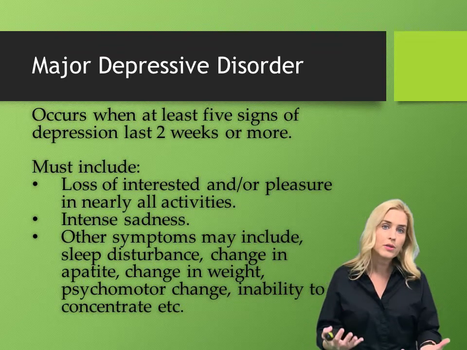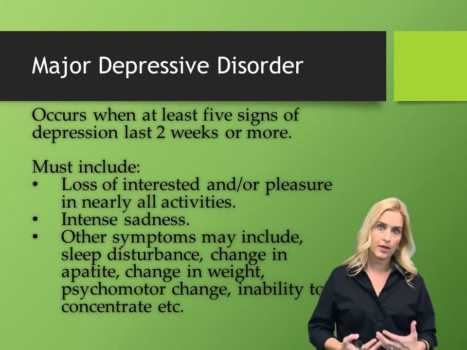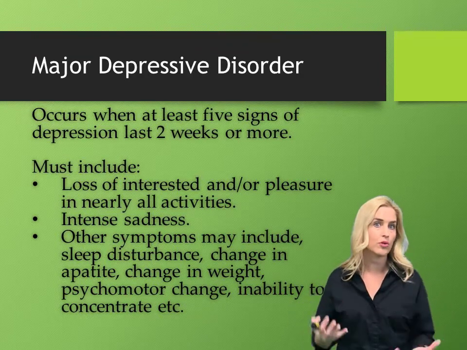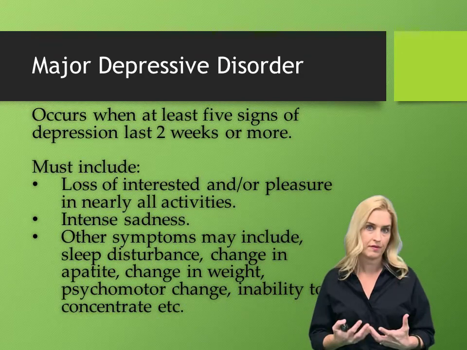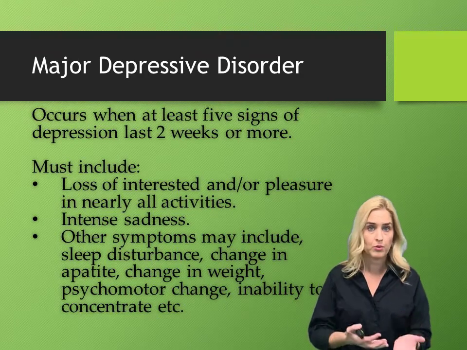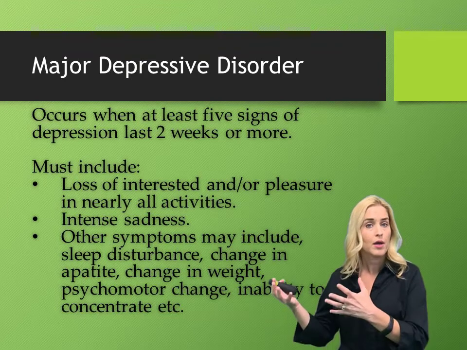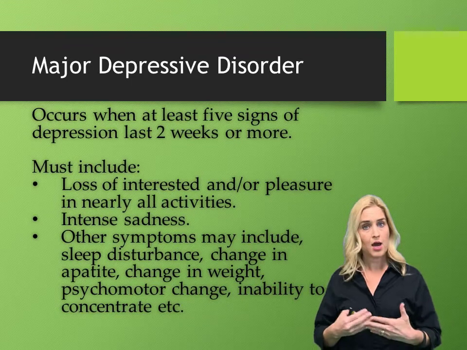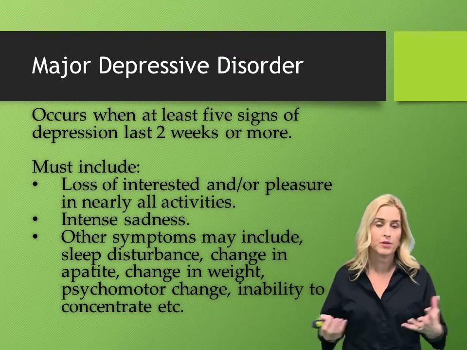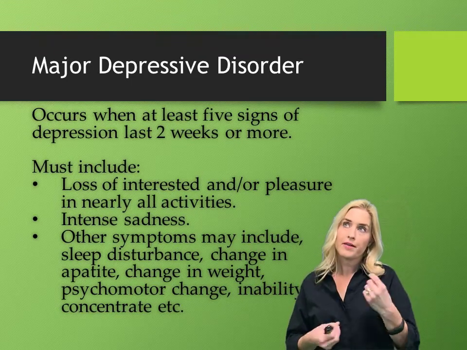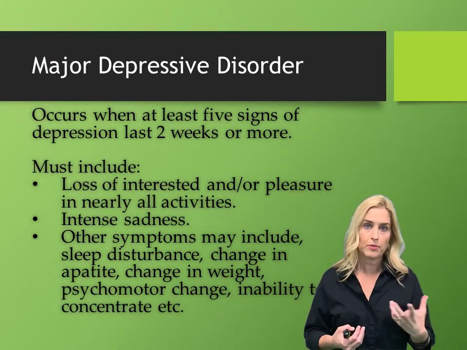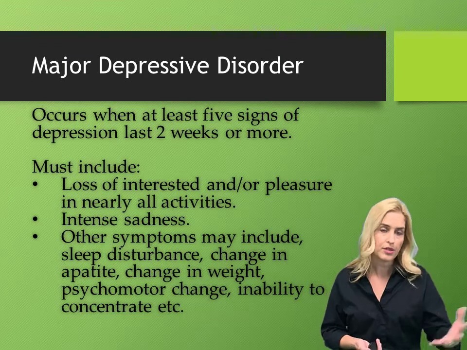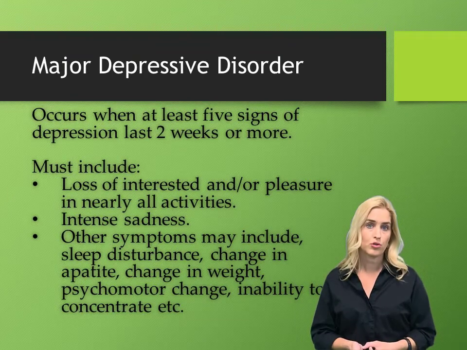They look like they're really in slow motion, and they're talking and walking and gesturing much slower than they typically would. That is something that we would look for, and it's called psychomotor agitation, would be agitated. Retardation, or the slowing down of the motor movements, that's what that's called. It affects concentration. So we might see someone who's having a very difficult time concentrating. These are some of the symptoms that go along with major depressive disorder.